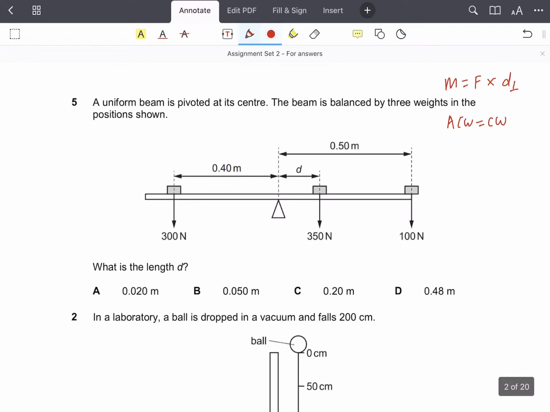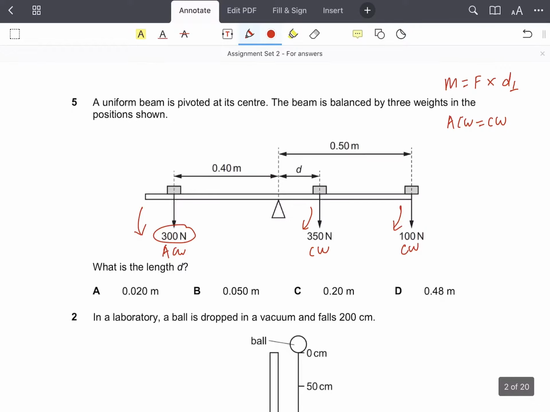So always when you see this kind of question, please make sure you indicate properly first which is clockwise and which is anti-clockwise. So for example, this 300 Newton here, you know that it will go in the anti-clockwise direction. So you write anti-clockwise. Okay, indicate on the diagram first. Then 350, you know it will go clockwise. 100, it will also go clockwise.